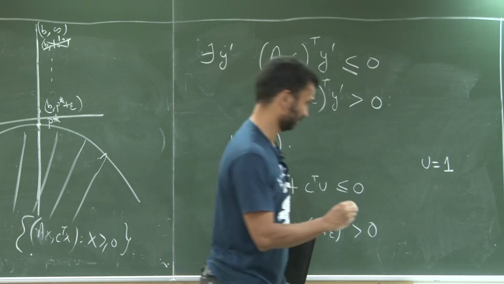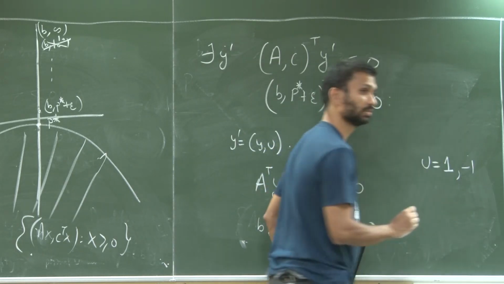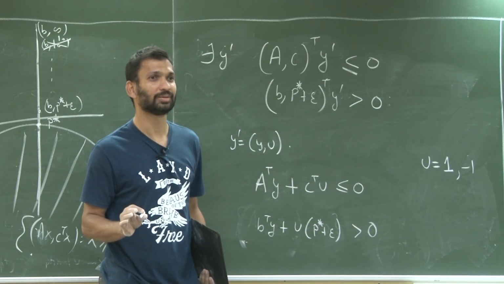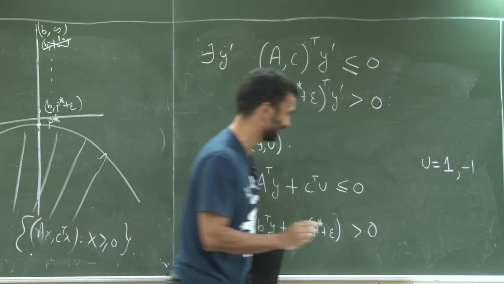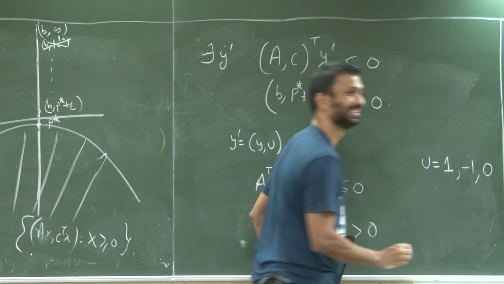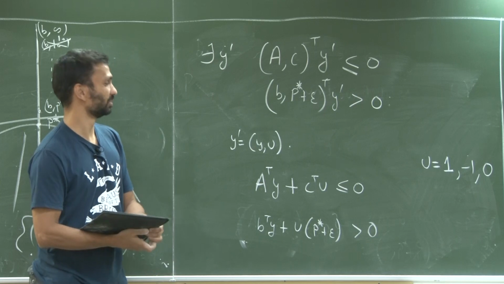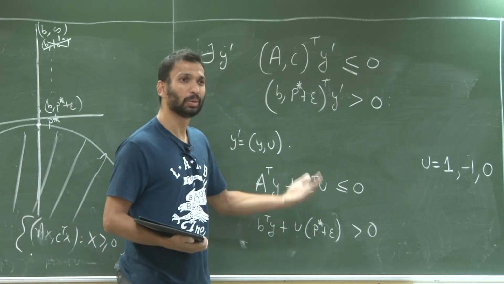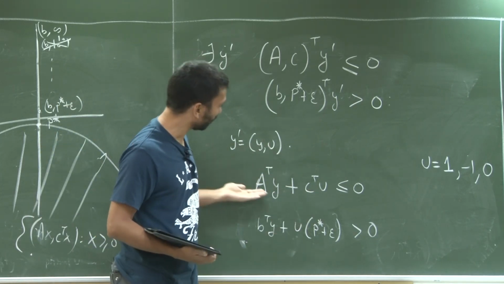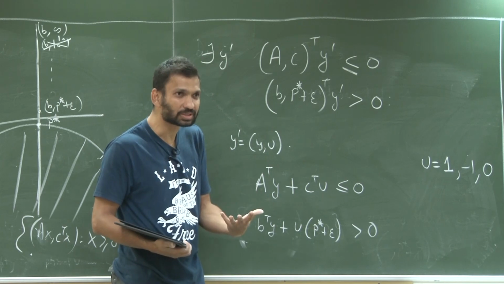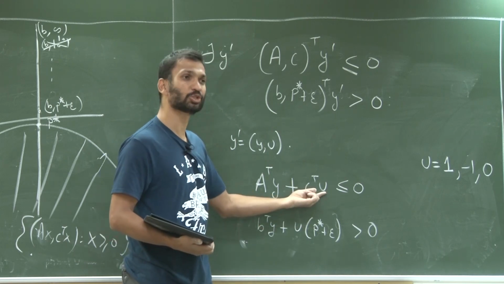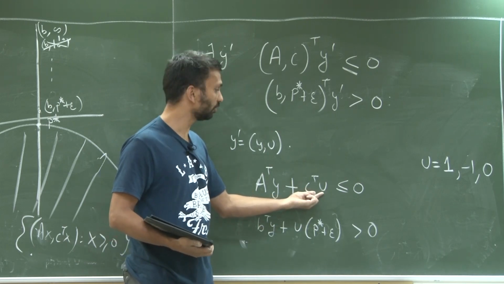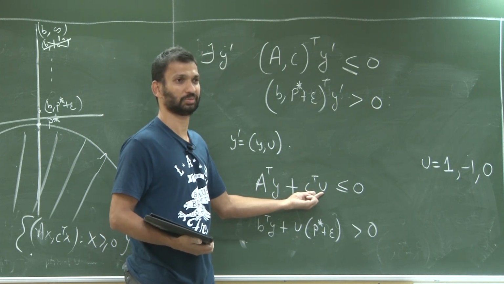Very good. So since I can multiply all these equations by any scalar constant, I can make sure that my u is either 1 or -1 or 0.